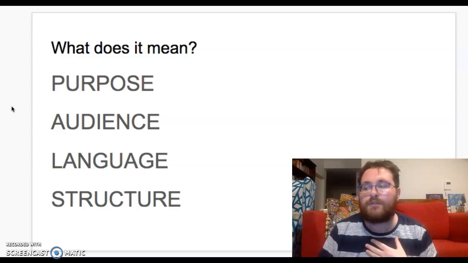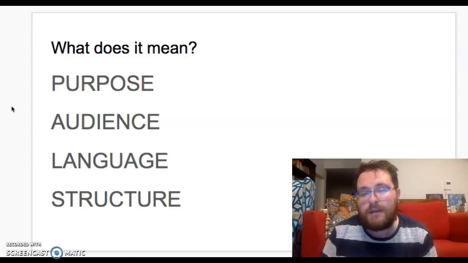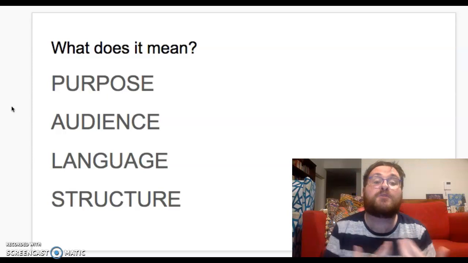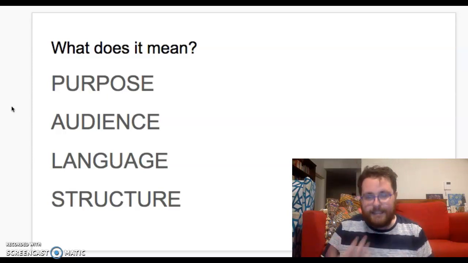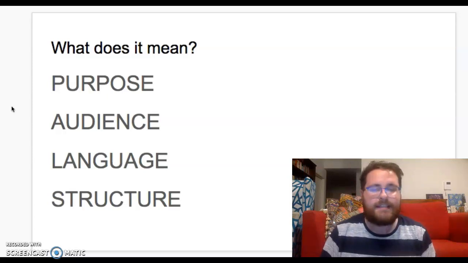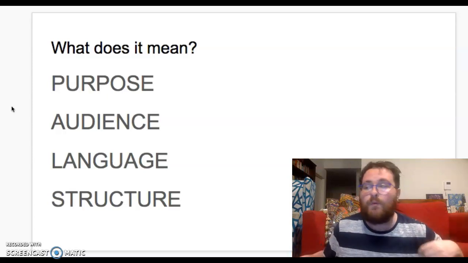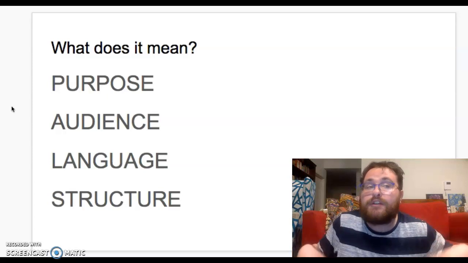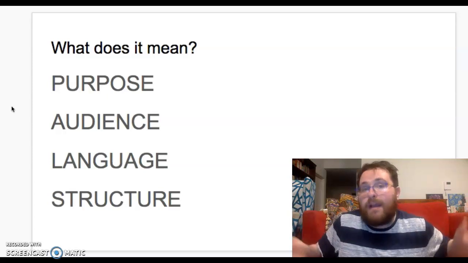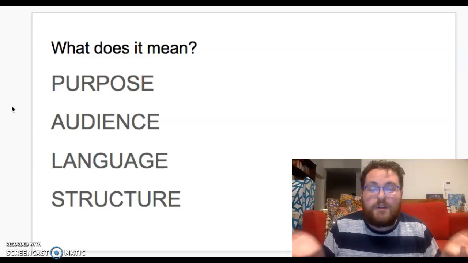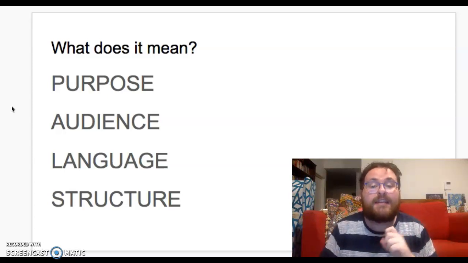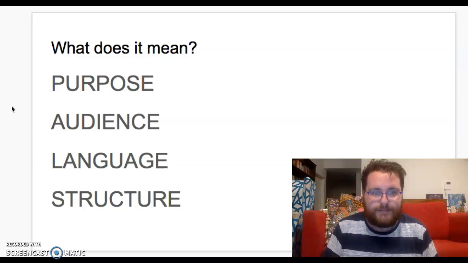They might be there to inform you of something for the purpose of then persuading you to think a certain way. Understanding the purpose of the text sets up everything else. It sets up who it's talking to, why it's talking that way, and the language choices. So it's really important to understand the purpose so that we can then understand the audience.